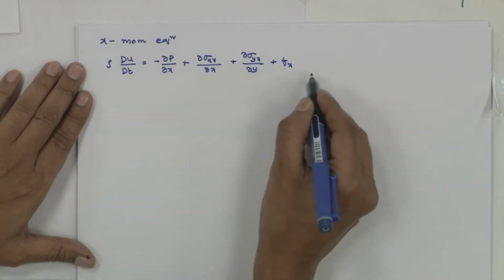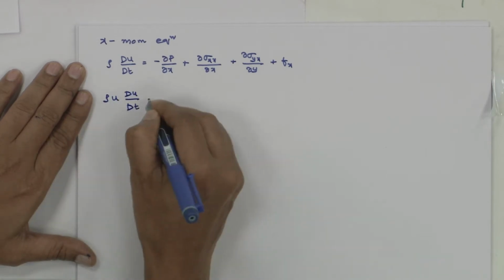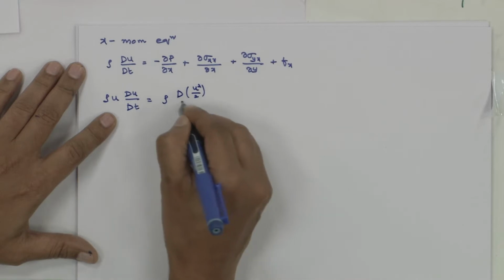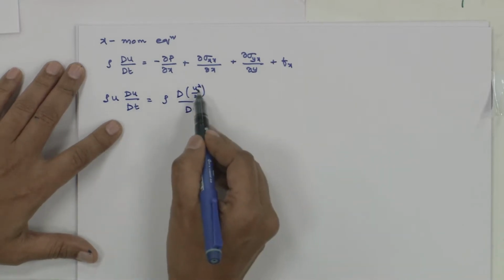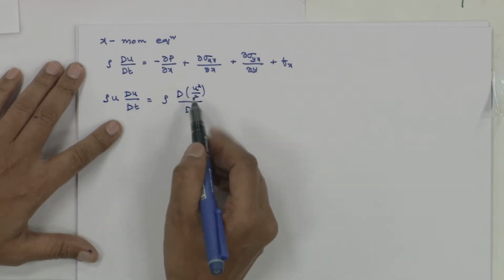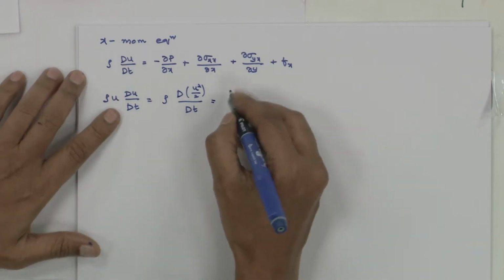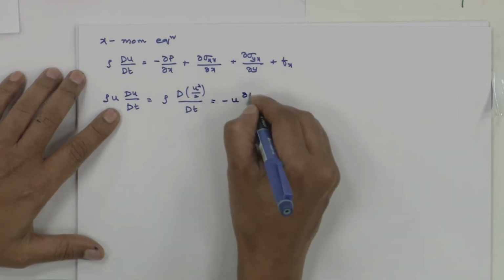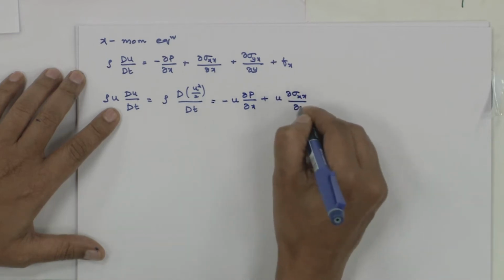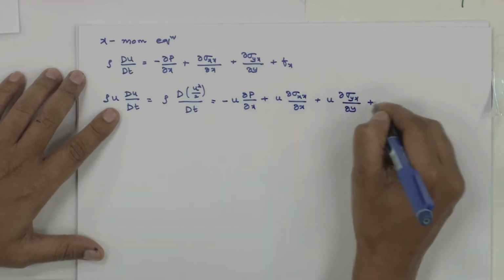Now you multiply this with u. Rho u du by dt is equal to, I can rewrite this, rho d u squared by 2 by dt, it is the same. If I differentiate this, I get u du by dt, because the 2 gets cancelled out. So you get, since you have multiplied with u: minus u del p by del x plus u del sigma xx by del x plus u del sigma yx by del y plus u fx.